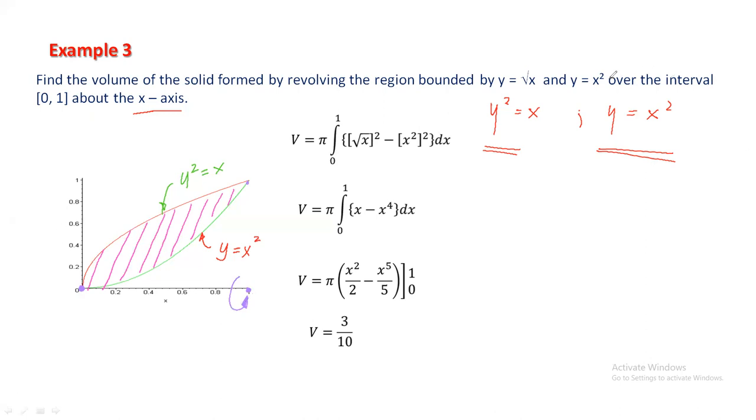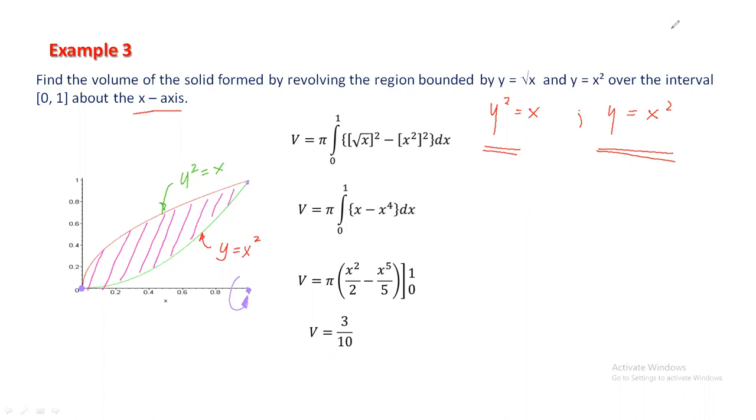So just like what we have discussed a few moments ago, if you use the washer method, what's the easiest differential element that you will use? Washer. So for the washer, what's your differential area?